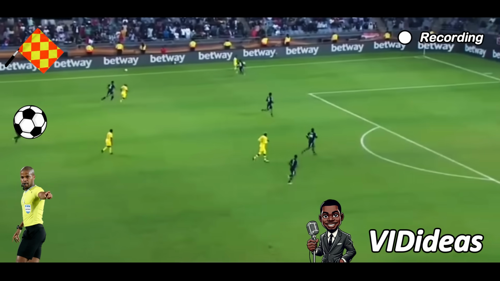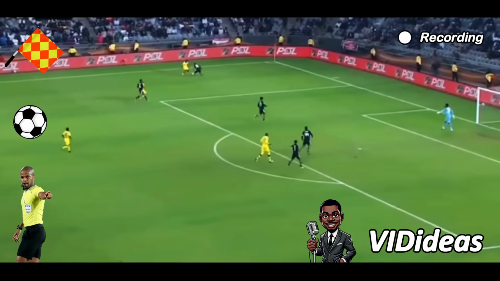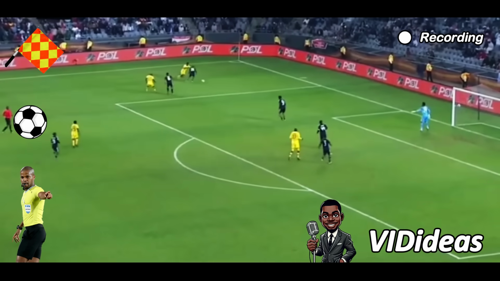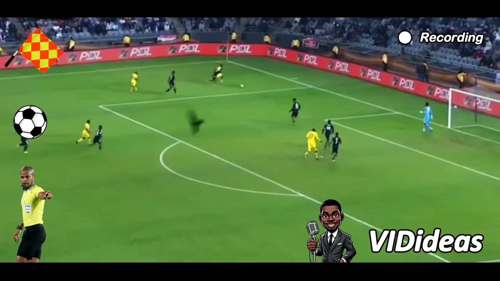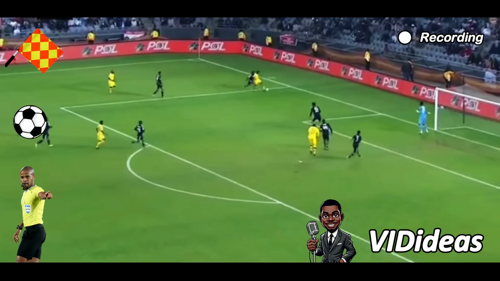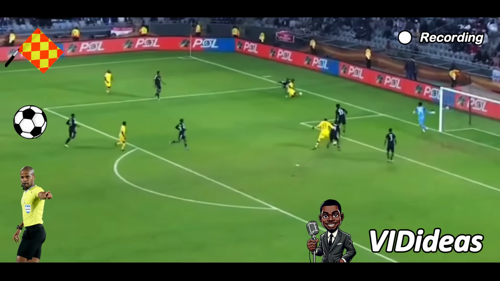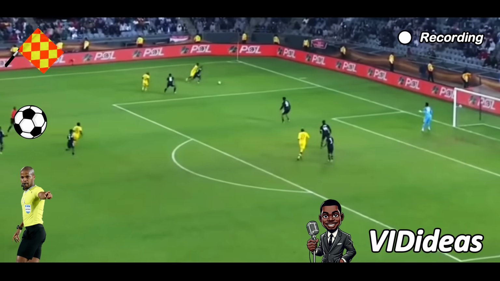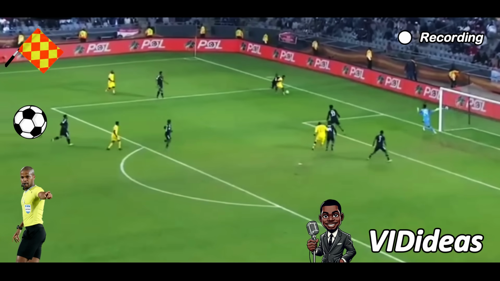As you can see there, Shandu is trying to defend or block the Orbit College attack, but unfortunately, the attacker was a little bit quick for him. The attacker turns Shandu and then goes into the box.